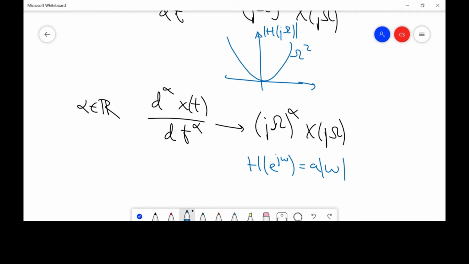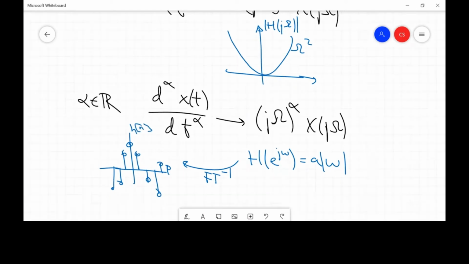And if you do the inverse Fourier transform of this, then what you get are the appropriate weights, and the appropriate weights would be something like this. So that is one constraint. This is H(n). The zero frequency has to be removed.